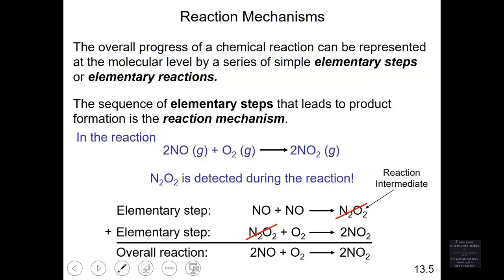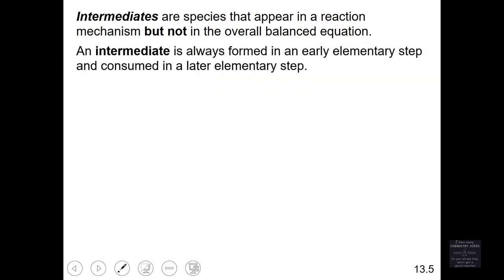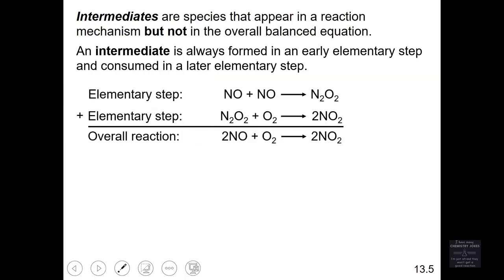Reaction intermediates can always be canceled, and they never show up in the overall balanced equation. Let me say it again. Reaction intermediates are species that show up early, in an elementary step, and are consumed in a later elementary step, and are never shown in the overall balanced equation because they always cancel out. So N2O2 is our reaction intermediate in that given equation.